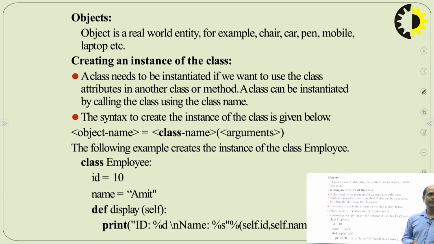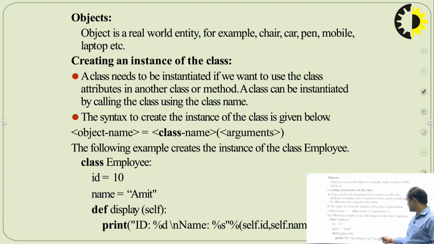In real world meaning, what is an object? An object is a real world entity that belongs to that particular class. Suppose chair, car, pencil, mobile, laptop, etc. That is called an object of a particular class. For creating a class, as we know from this example, we use Employee, an ID, and Amit.